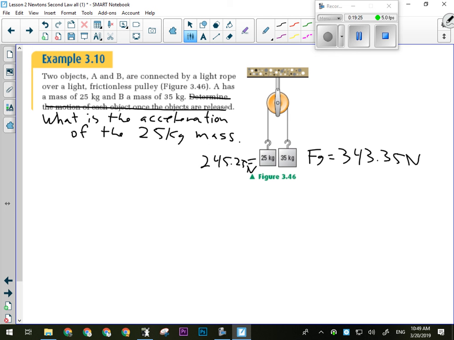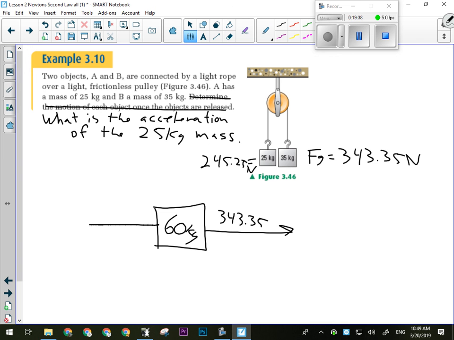Those are the two forces acting in this system. Now I'm going to draw the free body diagram without the pulley. Those are the forces acting on the system. I've got more gravity going one way than I've got going the other way.